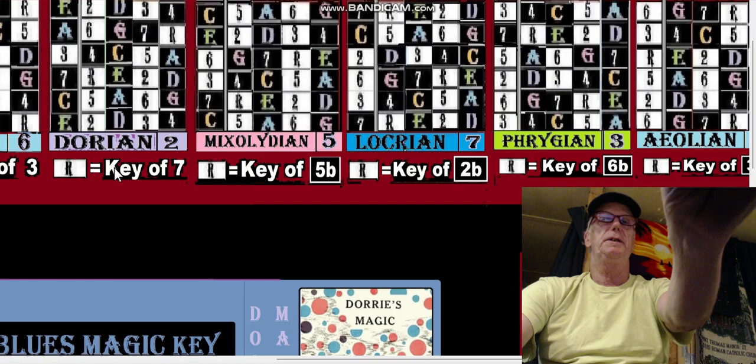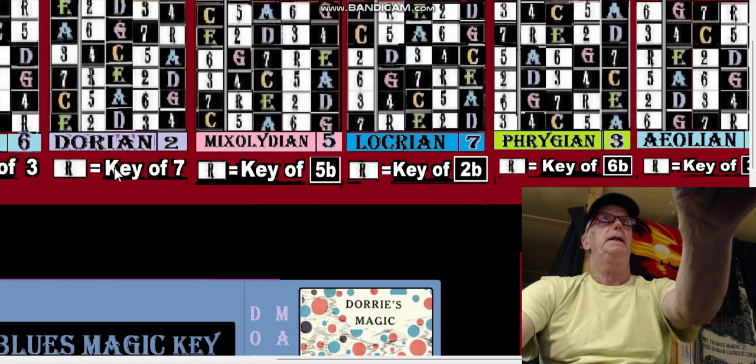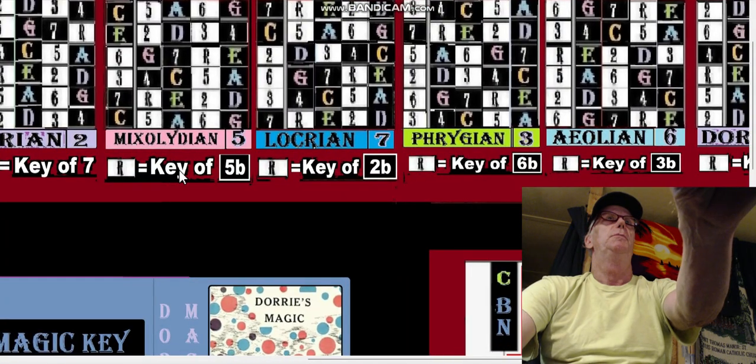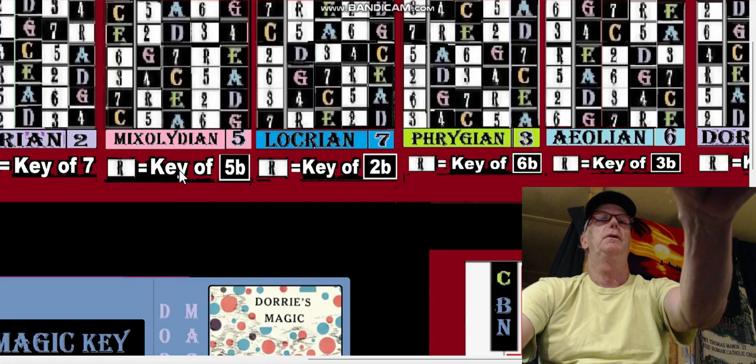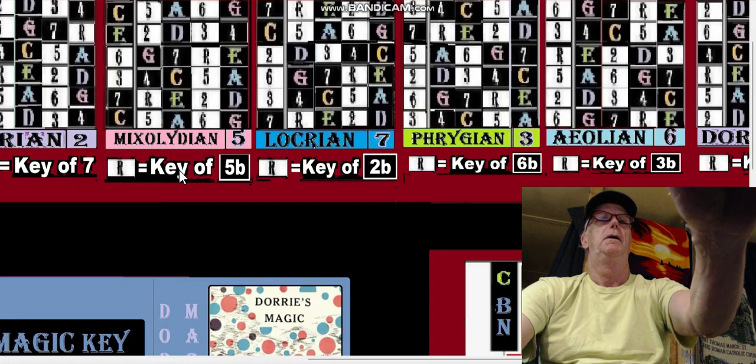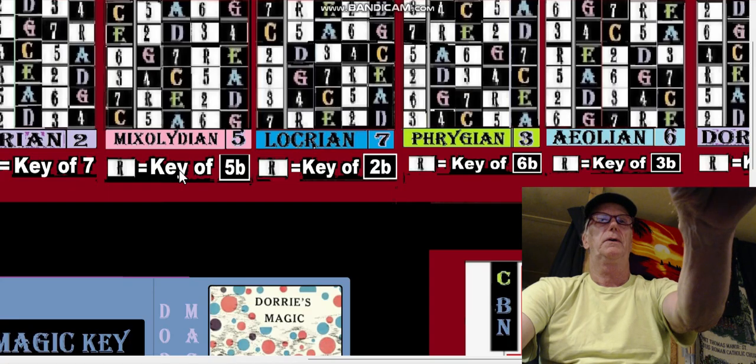But I'm doing these all in the modal keys, but it has to be a perfect fifth. So a perfect fifth from E to B is also, okay, we're going to have to do it in those keys.